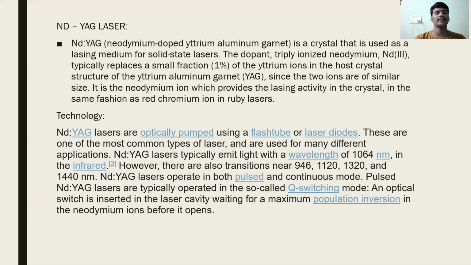An optical switch is inserted in the laser cavity, waiting for a maximum population inversion in the neodymium ions before it opens. Population inversion means the electrons and holes present in the semiconductor device, which is itself a laser, are responsible for the emission or absorption of light or electricity.